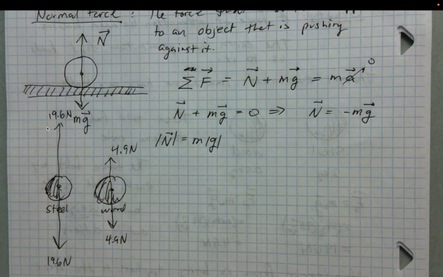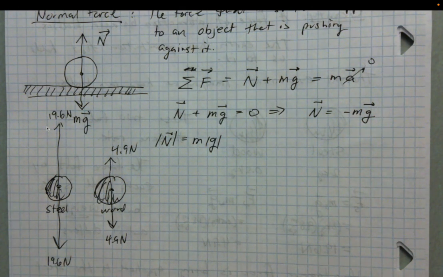Okay. So the implication is that the normal force will somehow seemingly know how much force to apply in order to counteract the gravity. So this could seem like kind of an occult thing. Like, okay, how does it know? I think the best way to think about this is to think of the object's surface as being like an extremely stiff spring.